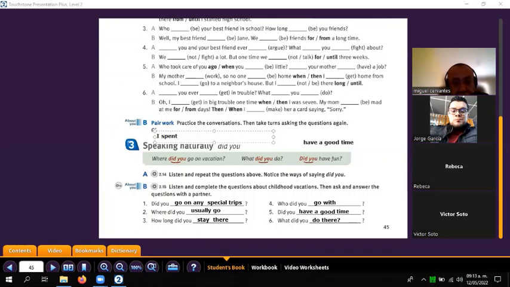Pasé. Spent es para decir, pues yo pasé 3 noches, ¿no? I spent 3 nights. Creo que ese verbo ya no lo había explicado. So how would you answer using spent? I spent 3 nights there.